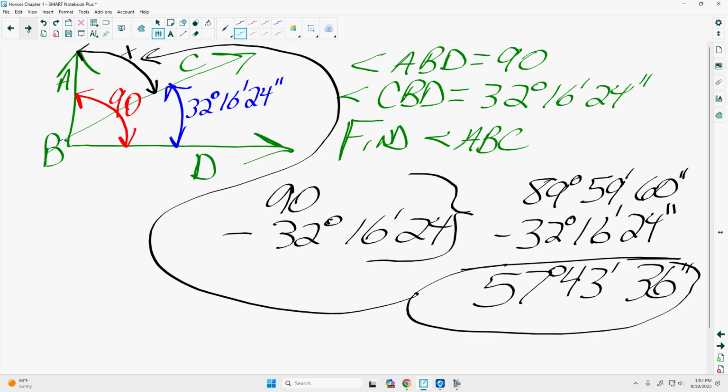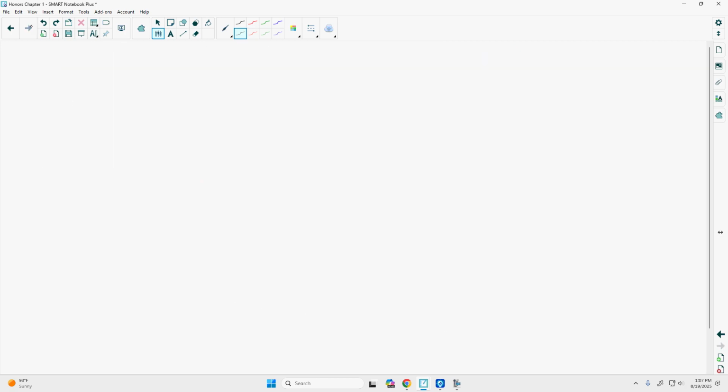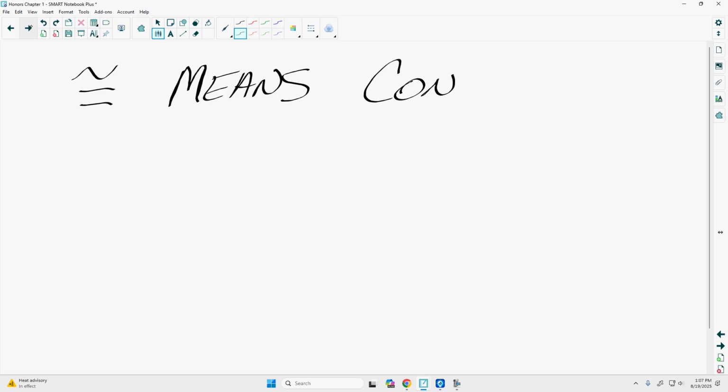Here we go. This symbol means congruent. Congruent just means equals.